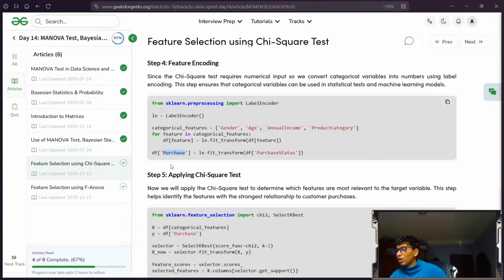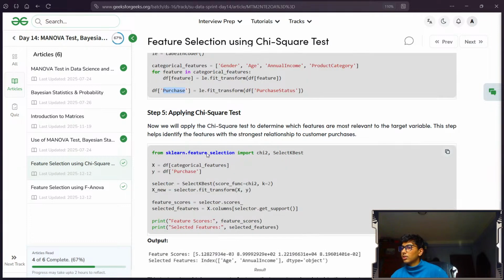Applying chi-square test. Now we will apply chi-square test to determine which features are most relevant to the target variable. This step helps identify the features with the strongest relationship to customer purchases.